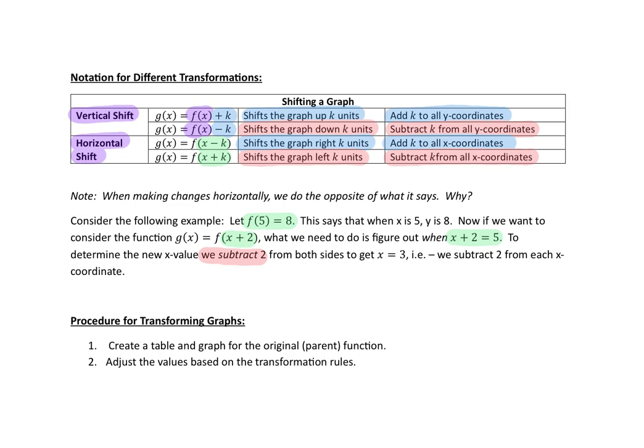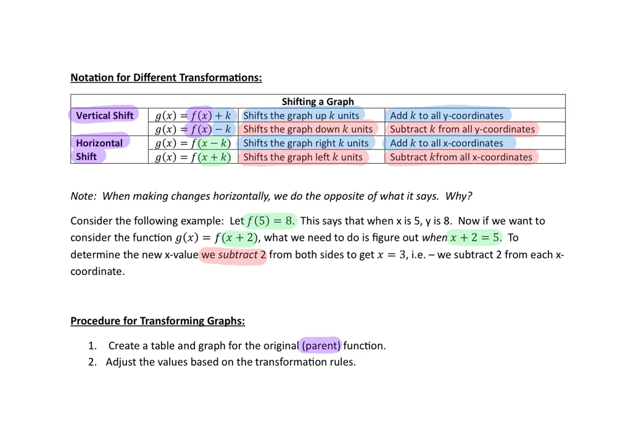All right, so in order to go ahead and do these, we're going to talk about this from a table perspective and a graphing perspective. It is recommended that you play around with both and double check your work. We're going to start by creating a table and graph for the original function, our basic function, which is sometimes called the parent function.